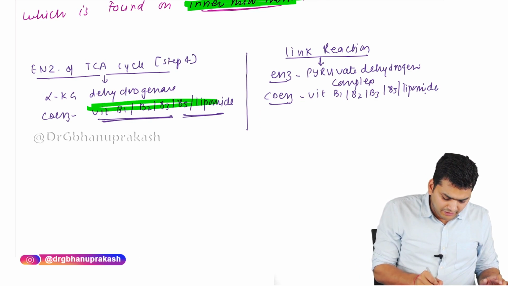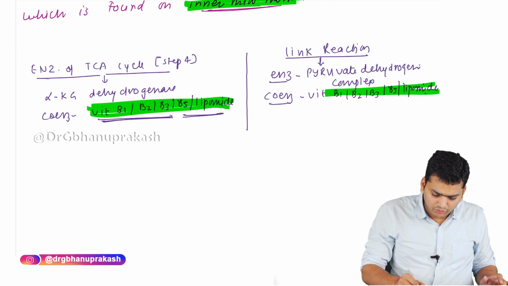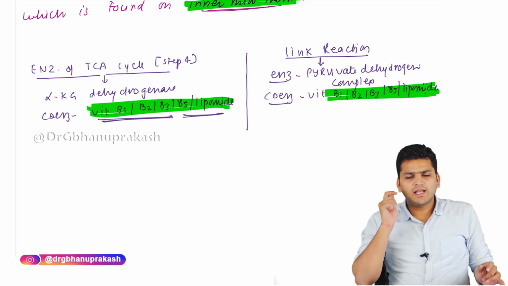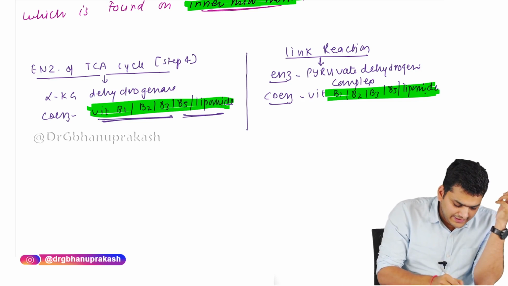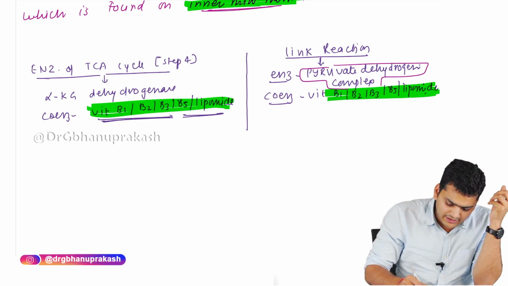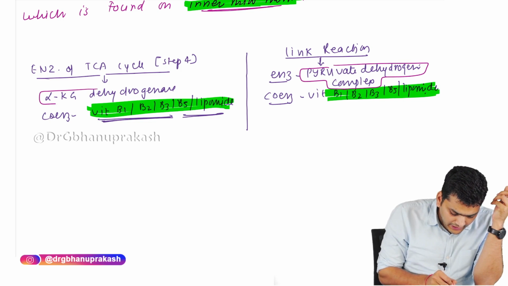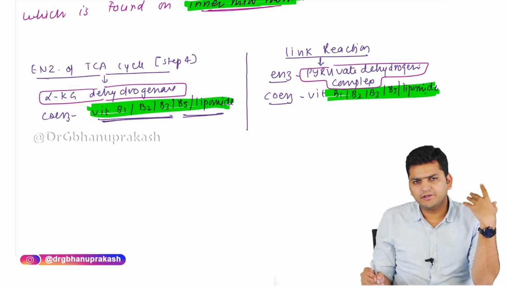You can see that they have the same coenzymes: 1, 2, 3, 5, lipoamide. So what they ask is, which enzyme of the Krebs cycle is the same as pyruvate dehydrogenase complex? The answer will be alpha-ketoglutarate dehydrogenase.